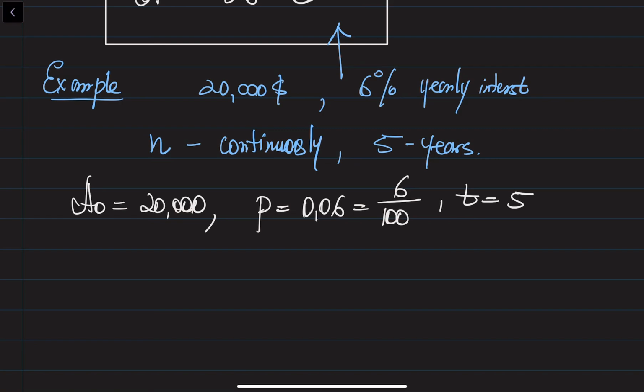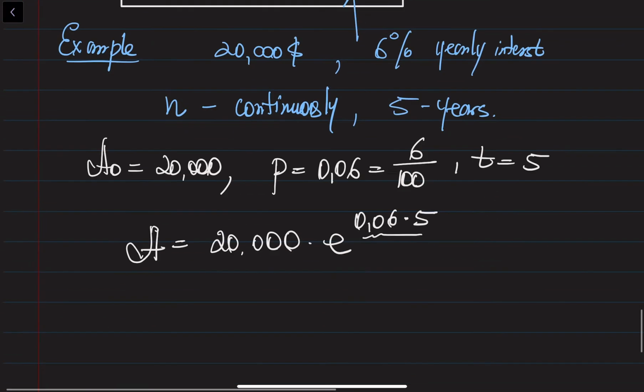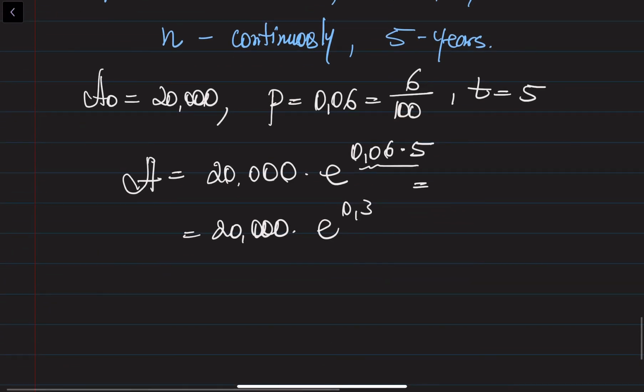So the amount which we'll get after 5 years is going to be equal to 20,000 times e in the power of 0.06 times 5, which is equal to 0.3, by the way, right? So this is going to be 20,000 times e in the power of 0.3, and you can use a calculator and calculate everything out.